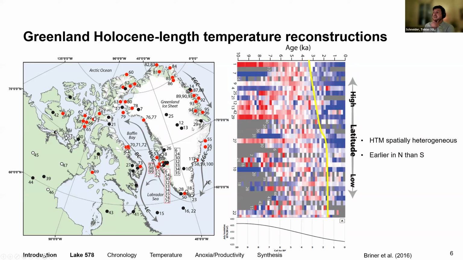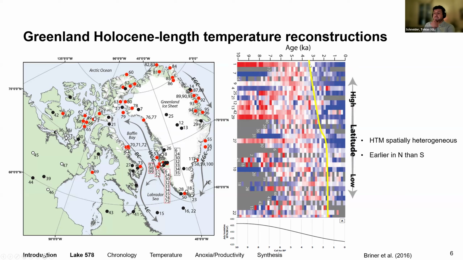And what they found is that actually the expression of this Holocene thermal maximum is rather scattered. So they ordered those along a latitudinal gradient. So this reconstruction up here, each line is a reconstruction, is in the north, from early Holocene to the late Holocene to the right.